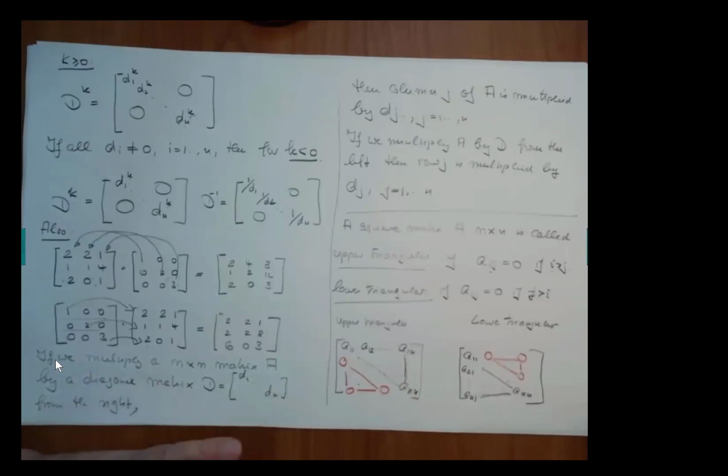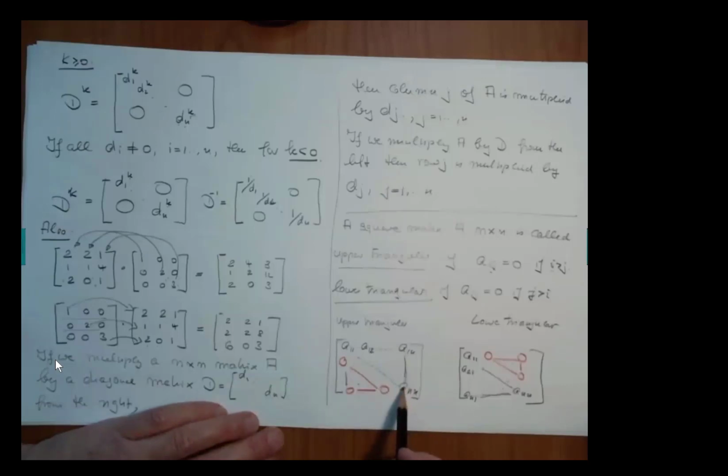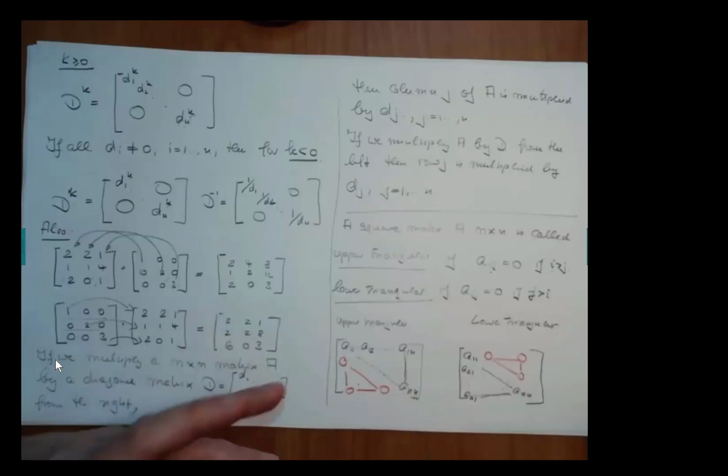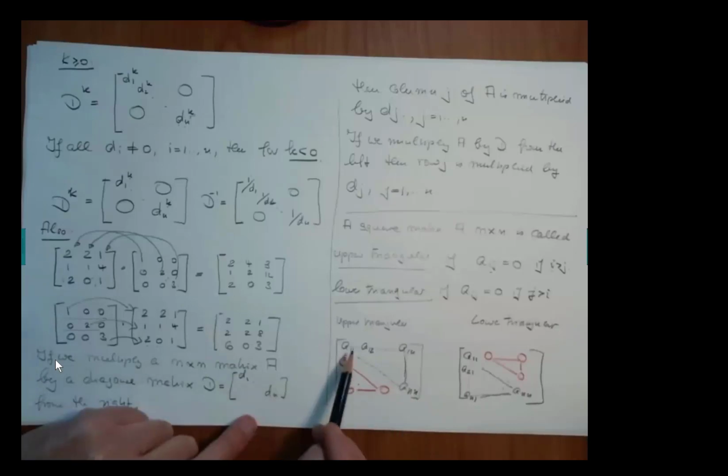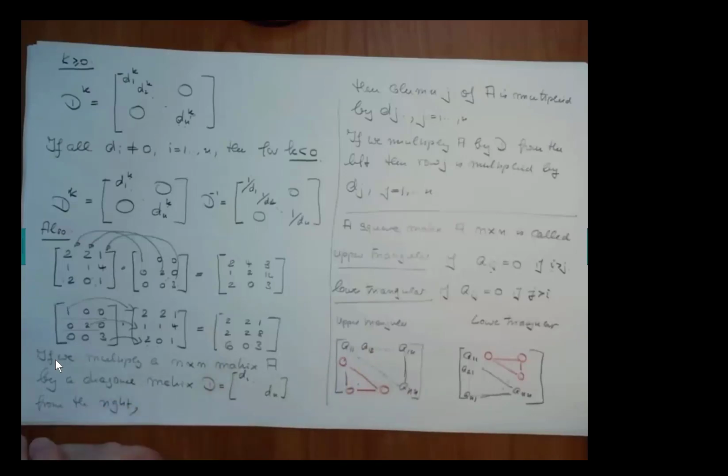And again, what is the idea here? Where did we see things like this in this class? It turns out until now, we only saw upper triangular matrices, and the prototype of upper triangular matrices are the row echelon forms. When we do the Gauss algorithm without the Jordan part, we generate an upper triangular matrix.